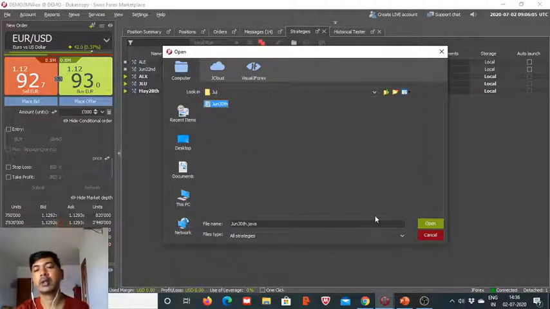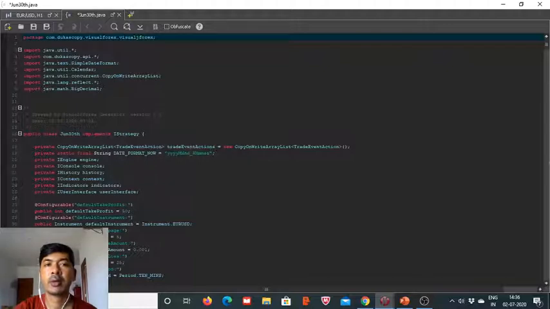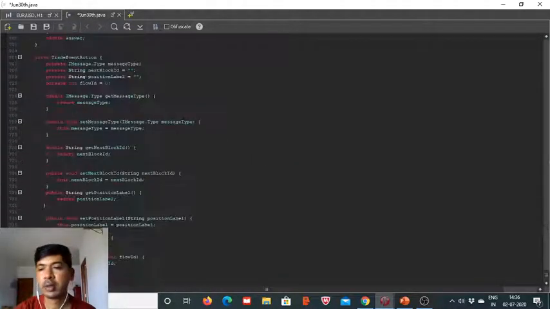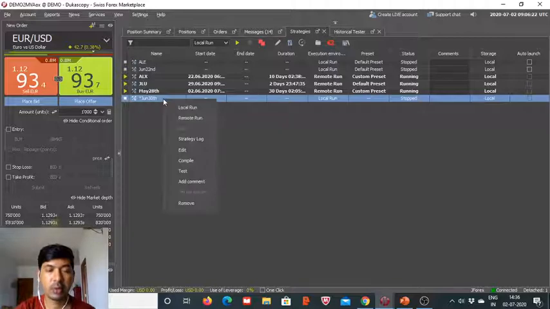So here it is, our file june30th.java, and we first have to compile it. This is the code, the source code. It's not much long, 940 lines, and we compile the code.